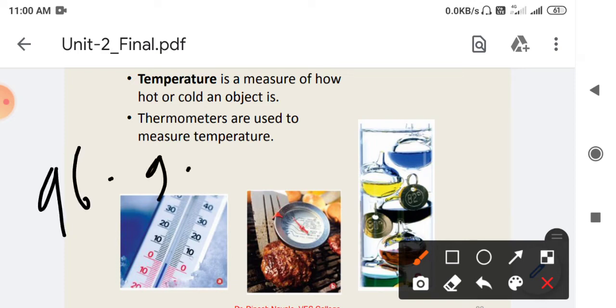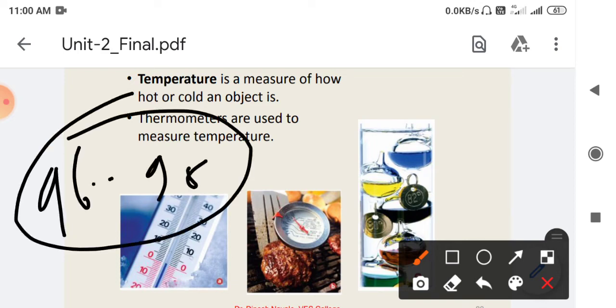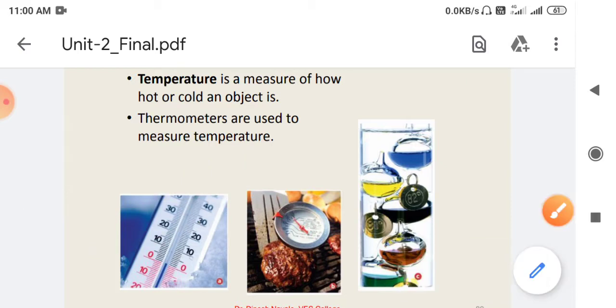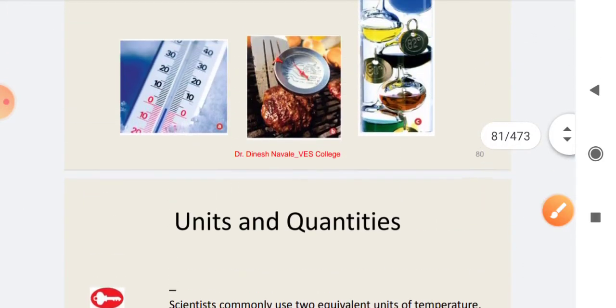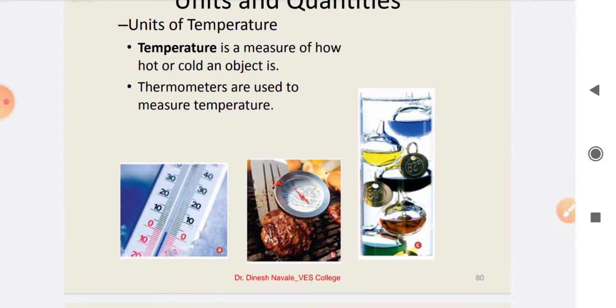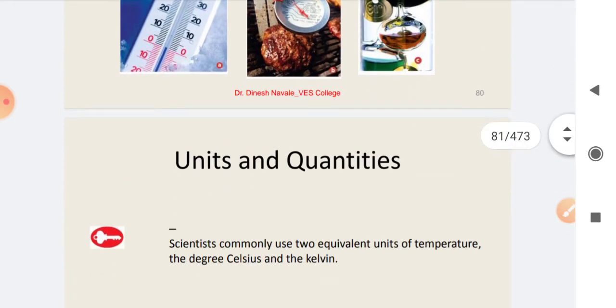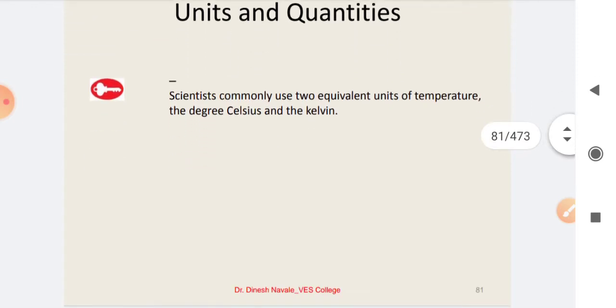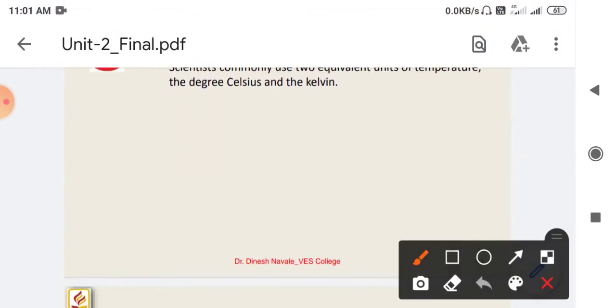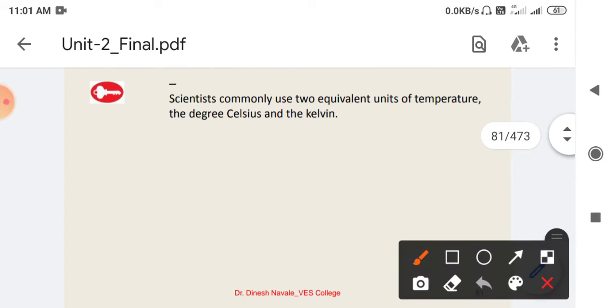These readings are quite familiar during this testing time, so we have come across the Fahrenheit temperature scale also. For normal laboratory practice, we use two standard units, Celsius and Kelvin. We don't use the Fahrenheit scale in our normal labs. The Fahrenheit scale is generally used in the medical field.